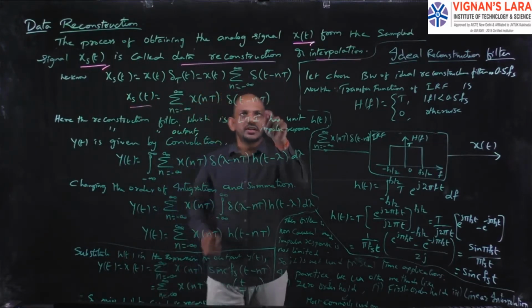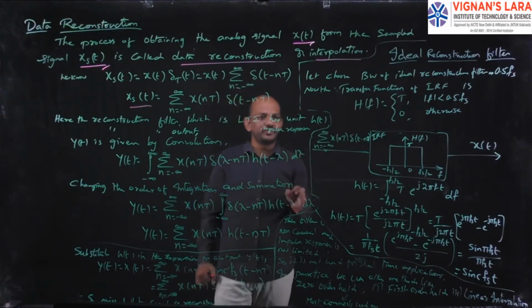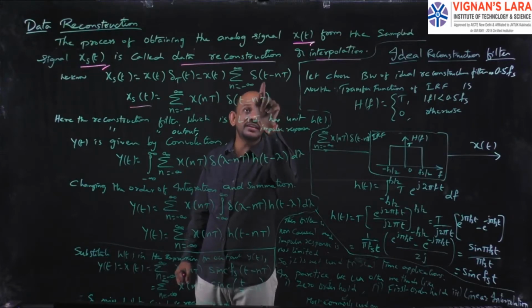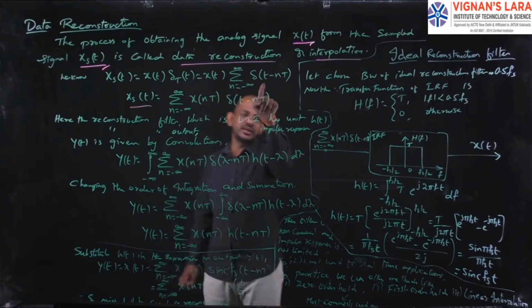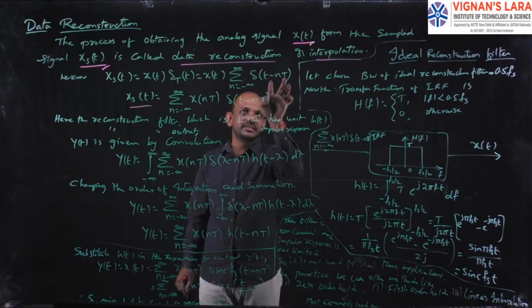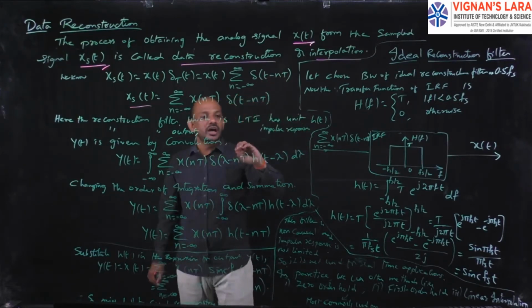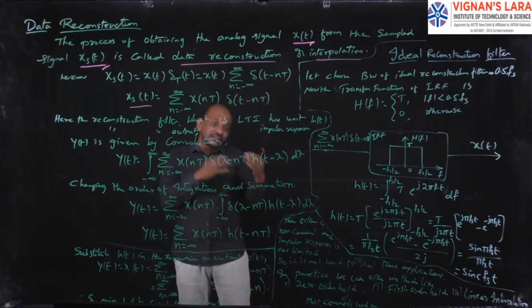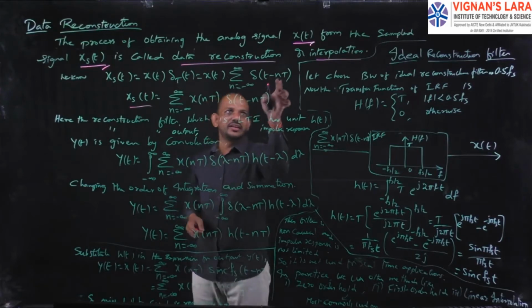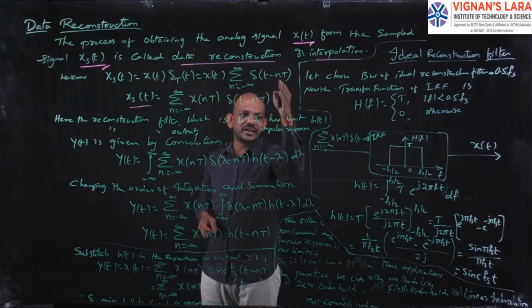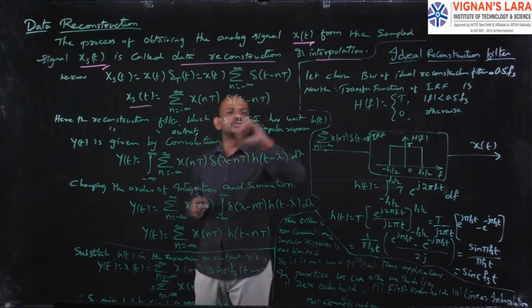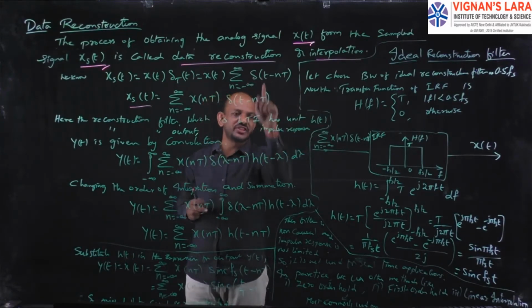Observe this equation: this is an impulse function, and it has a value only at t equal to n capital T. If t equals n into capital T, then the argument is 0, and delta of 0 equals 1. If t is not n into capital T, the argument inside the brackets is nonzero, whatever it may be, and the function is 0.